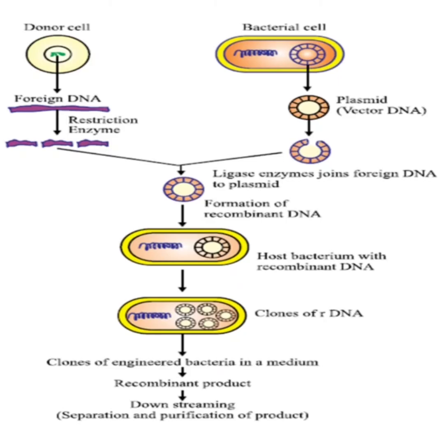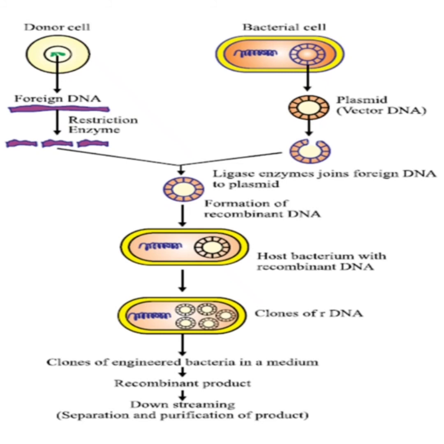Now here you can see, to sum up, the donor cells are taken, the foreign DNA is removed and treated with restriction enzymes, and the fragments are made. A bacterial cell, E. coli, is taken and a plasmid is removed which acts as the vector DNA, and a portion of the plasmid DNA is cut.